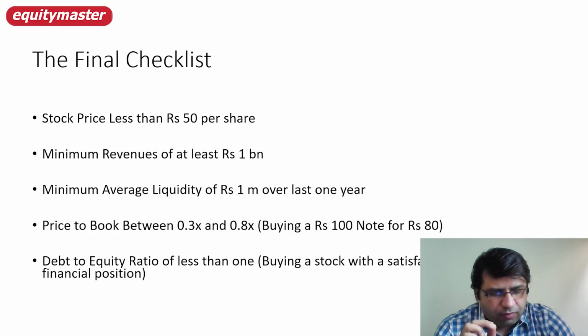There is some genuine problem with the company and therefore it's priced that low. So a company which is trading at just 10, 15 or 20% of its book value should be avoided, because there are chances that there's a genuine problem with the company, or as they call it in the investing world, there are chances that the company is a value trap. So you should stay out of value traps and try and invest in companies trading at a price to book of between 0.3 times and 0.8 times.